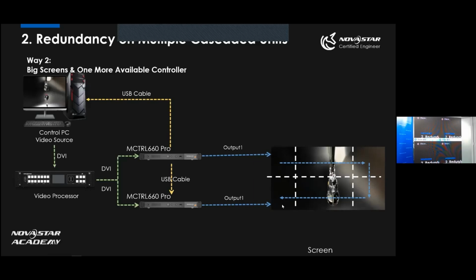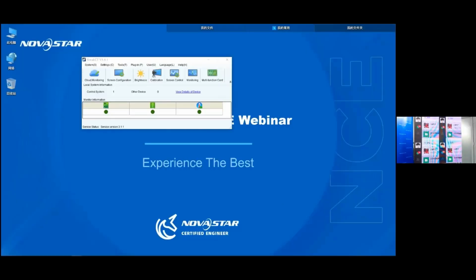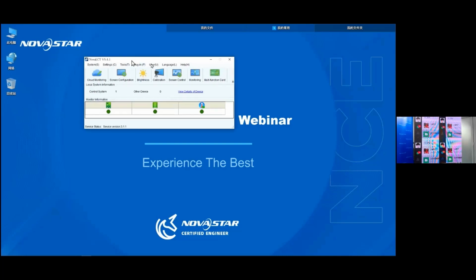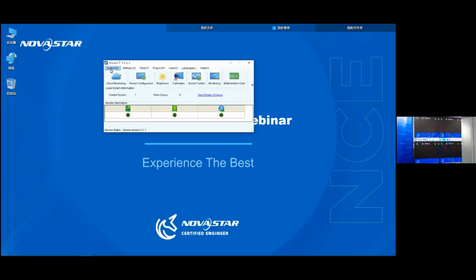And now my colleague has already changed the hardware connections. The two devices are cascaded together. So let's see how can we set it in the software. Okay, now we come back to the software NovaStar and we reconnect the system and wait for some minutes.